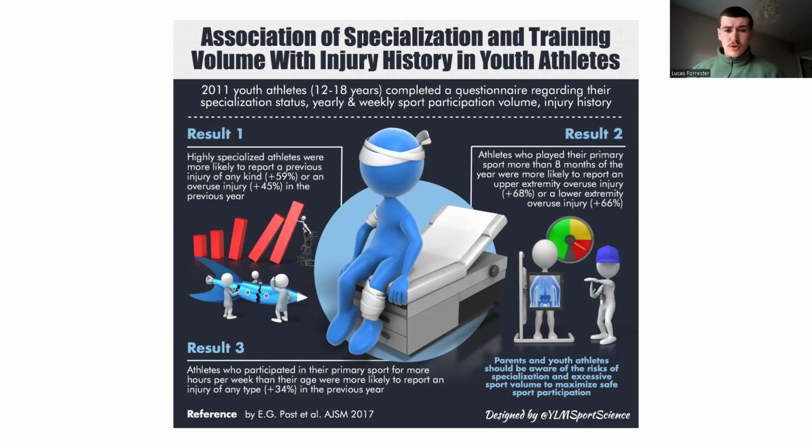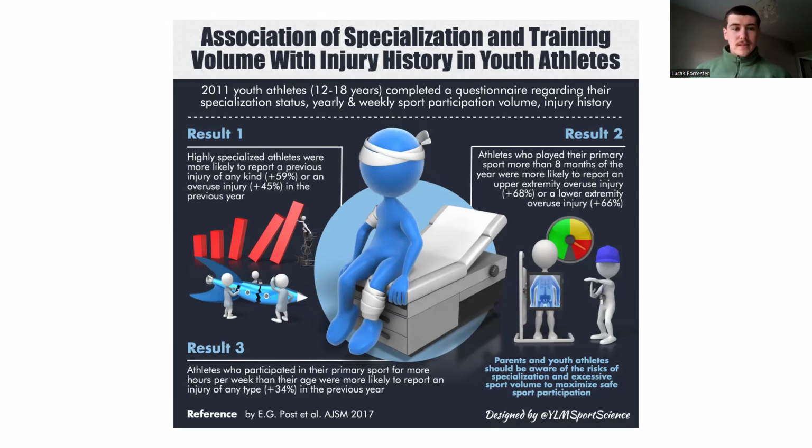There was loads of quite interesting information that came out of it. What they considered highly specialized was if someone was just doing one sport, for example basketball, they only did basketball, because they're really focusing in on one sport.